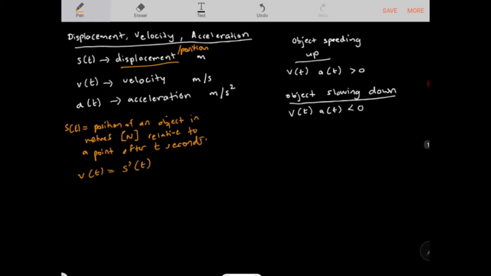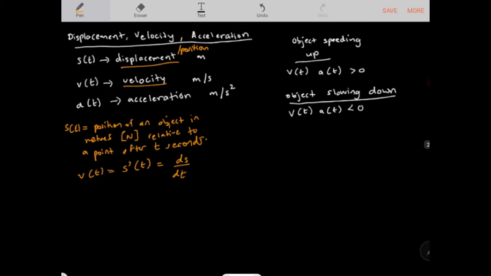We can write this using Lagrange's notation as s prime of t. In Leibniz's notation, we can write this as ds over dt, the rate of change of position relative to the rate of change of time. That's essentially what the Leibniz notation stands for. So the first derivative of the position function will give us velocity.